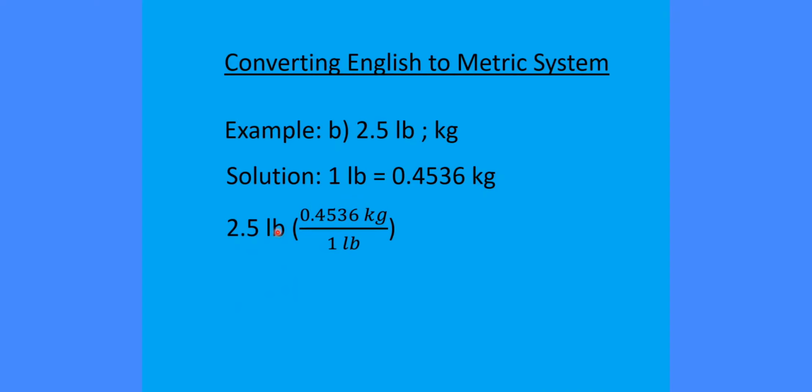So the given value, which is 2.5 pounds, will be multiplied by the ratio 0.4536 kilogram over 1 pound. The unit pounds will be cancelled out. Then we will multiply 2.5 and 0.4536, then copy the remaining unit, which is kilogram, then over 1. The result is 1.134 kilograms.